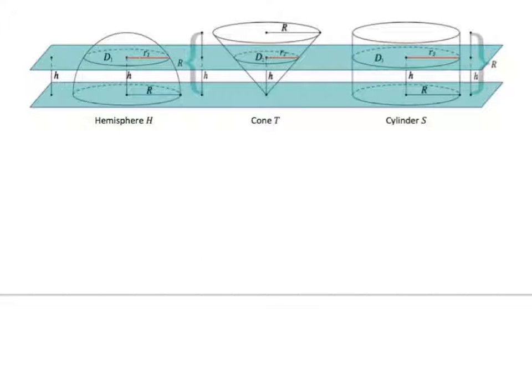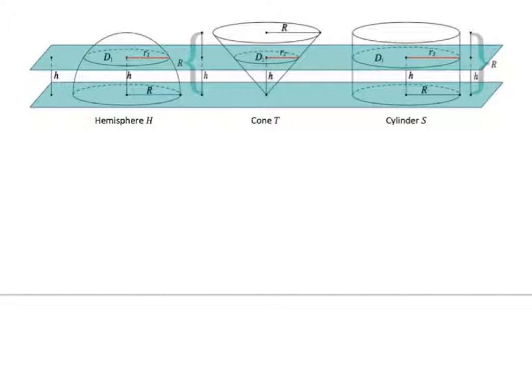Let's look at the marked cross-section areas of each of these figures. So I've got a hemisphere where this cross-section is a certain height. I have a cone where the cross-section is the same height. And then I have a cylinder where the cross-section is the same height. Okay?